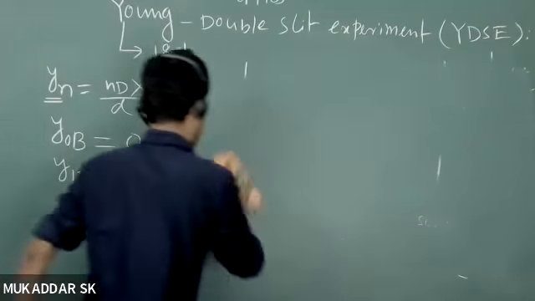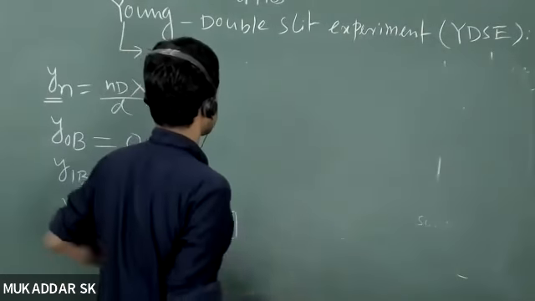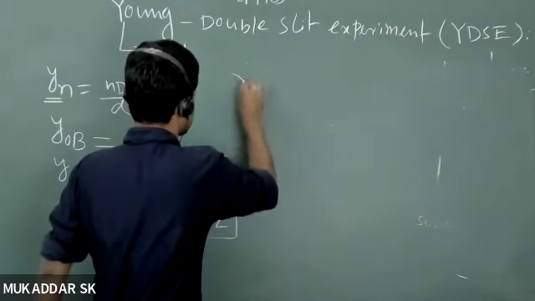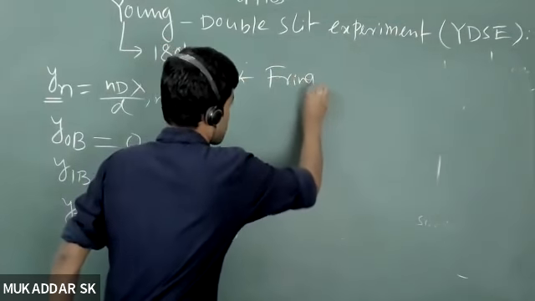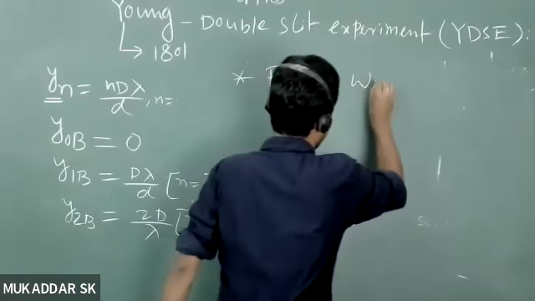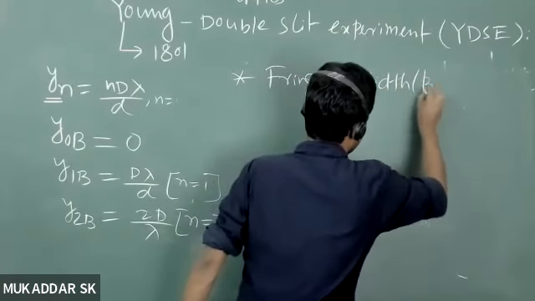Okay. Now, what is fringe width? It is basically denoted by beta.